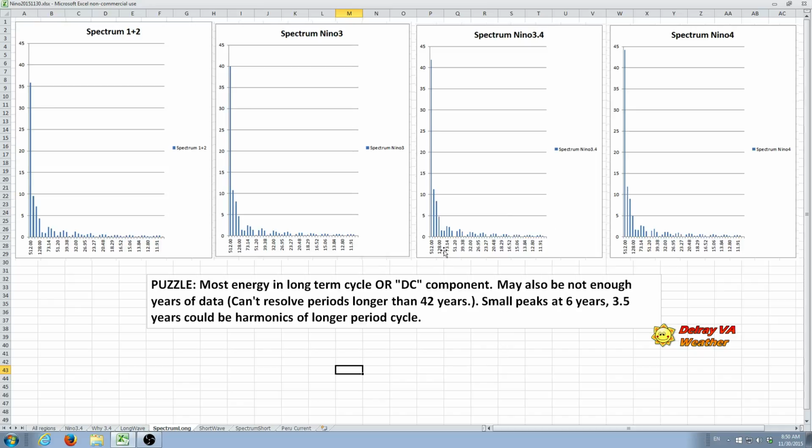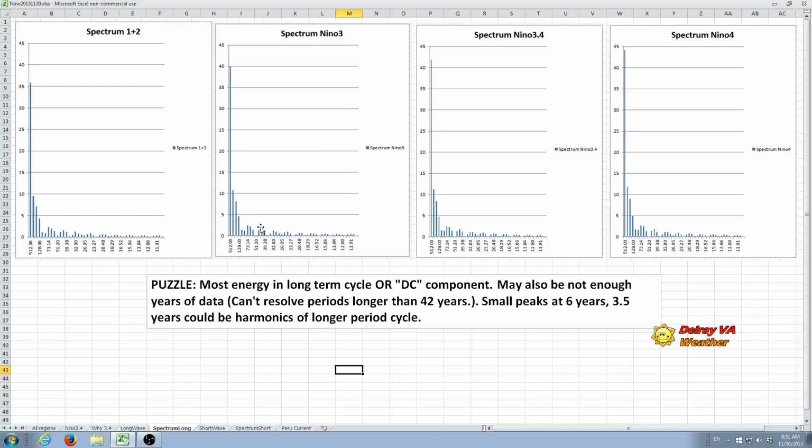Okay, we also observed that there are smaller peaks at the 6-year and 3.5-year periods. They could be harmonics of a longer cycle that we're not seeing. So I'm unwilling to say that we have cycles that are 6 years and 3.5 years, because of the way these things go up and down, up and down, up.